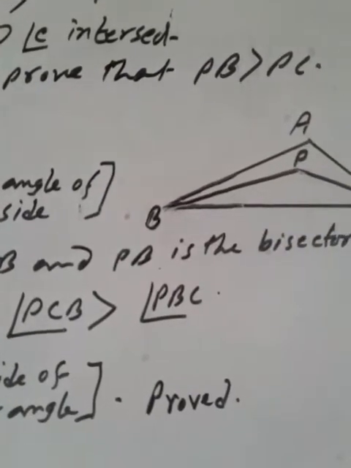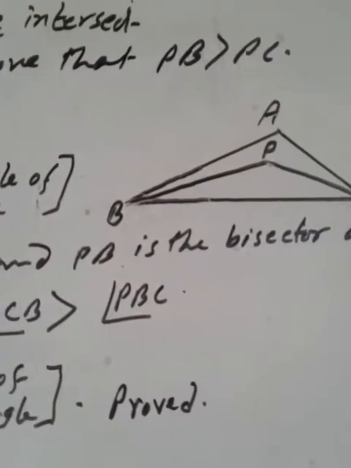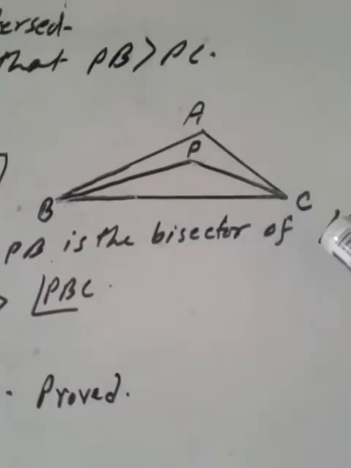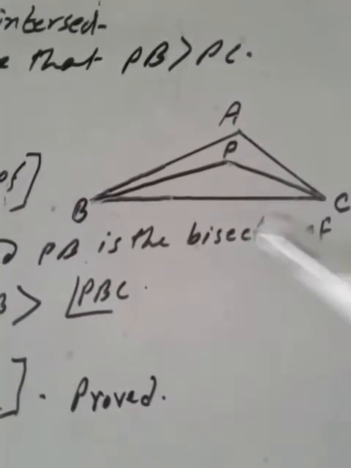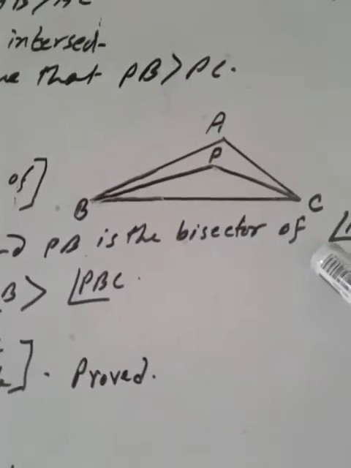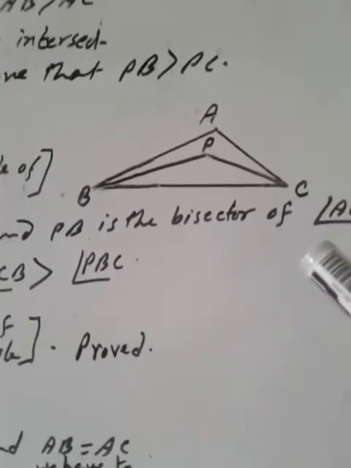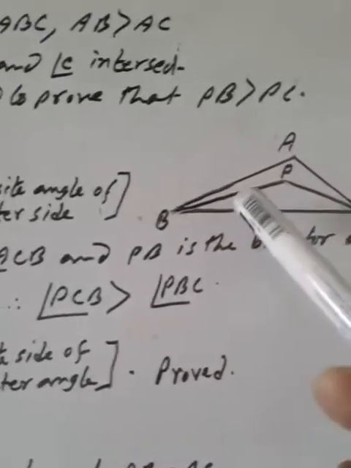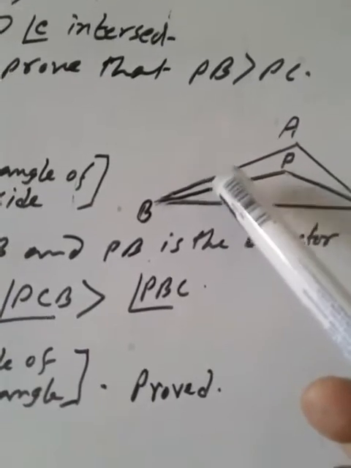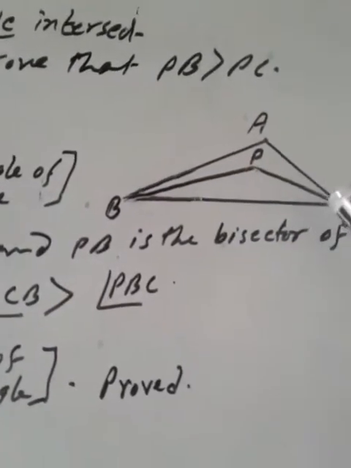If AB is greater than AC, then the opposite angle of the greater side is greater. Therefore angle ACB is greater than angle ABC. If you bisect, then this is half and this is half.